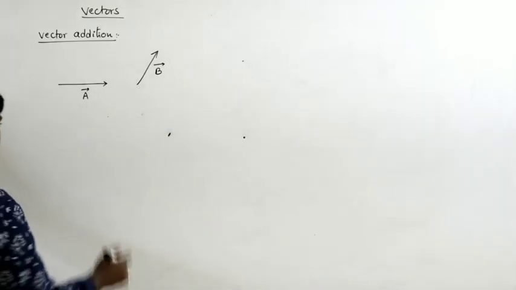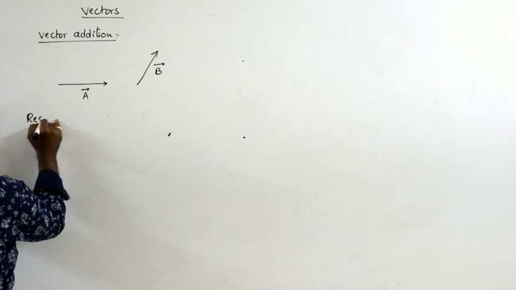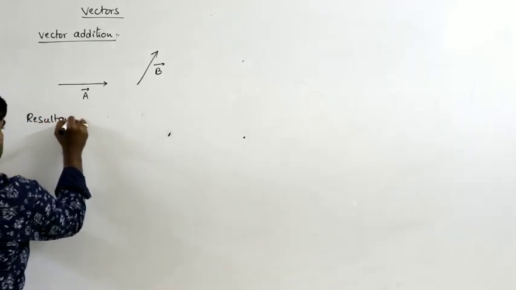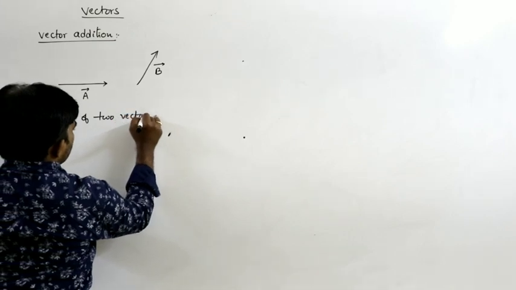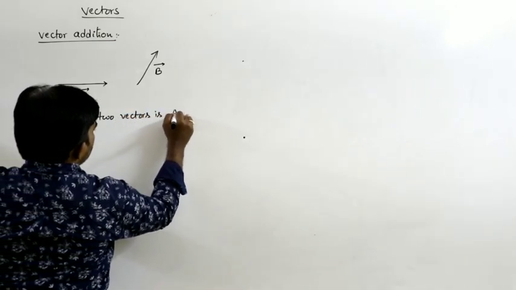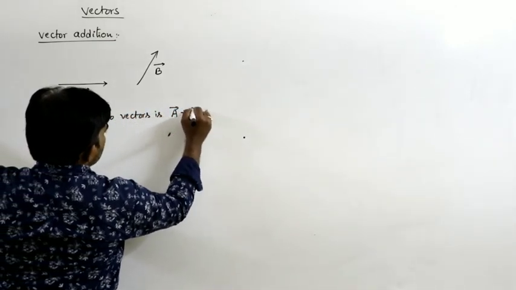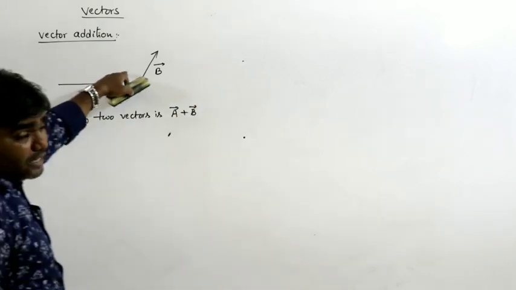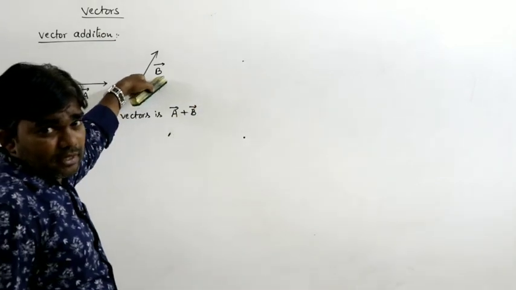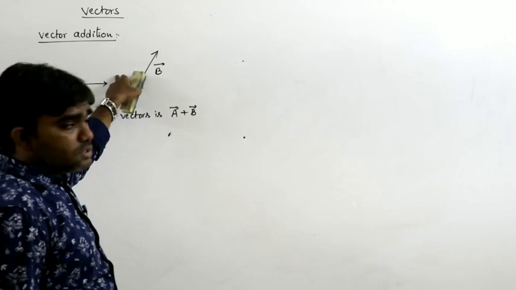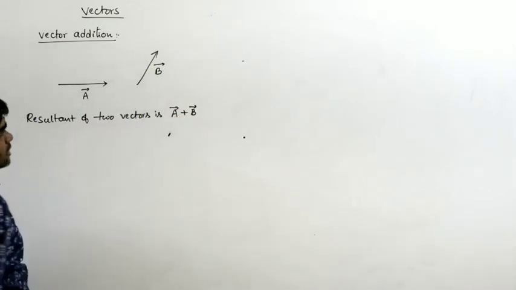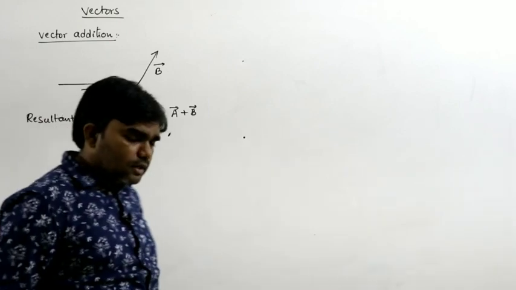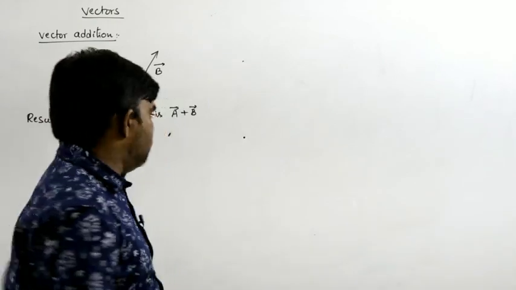The resultant of the two vectors is A bar plus B bar. So addition of vectors, just the graphical method, not mathematical. How can you calculate the resultant of two vectors A bar and B bar?